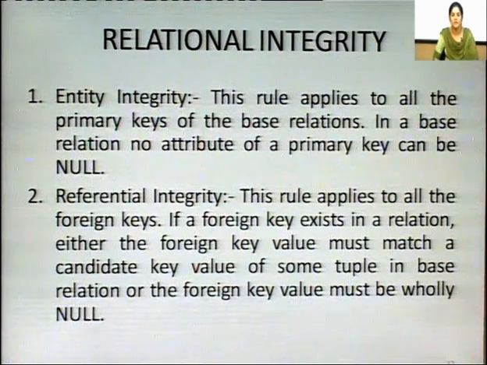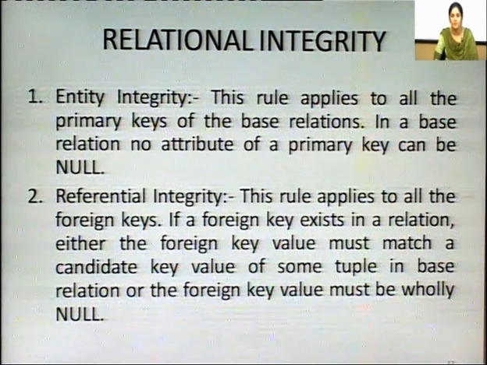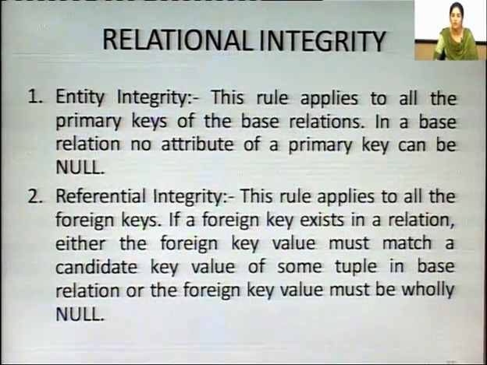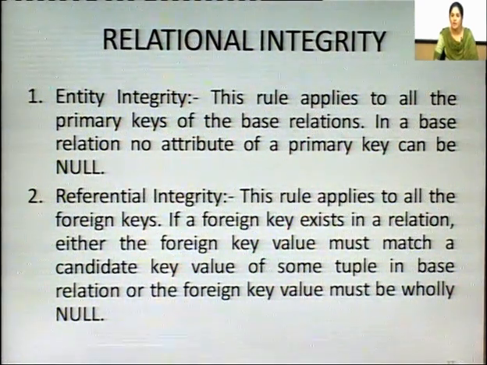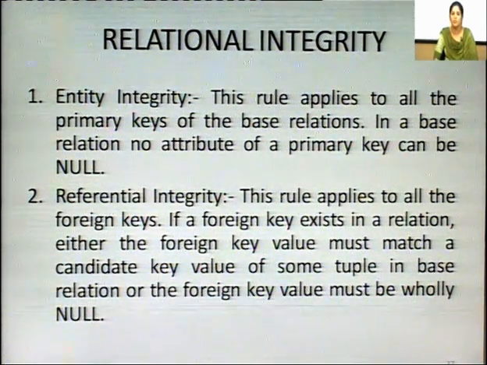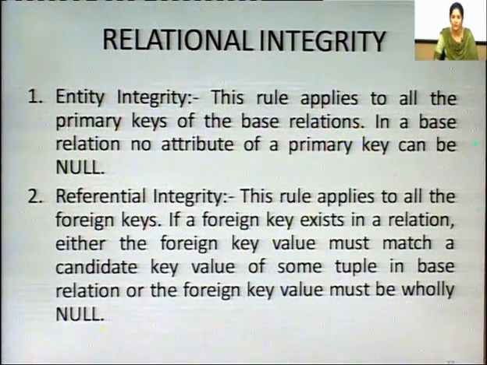First of all, you need to take care that all the primary keys have unique values, and other than that, in a base relation, no attribute of a primary key can be null. That means the primary key column should not be left empty by any of the users. If it happens, it will be a violation of the entity integrity rule.